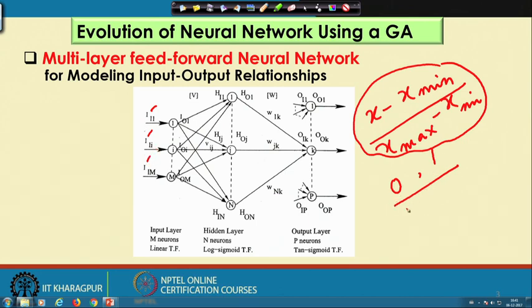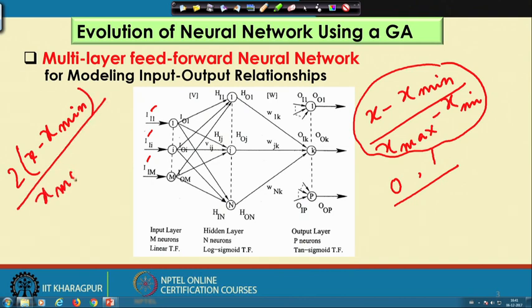Now, similarly, if I want to represent in the scale of -1 to +1, we will have to use one rule, that is 2 into x minus x minimum divided by x maximum minus x minimum, minus 1.